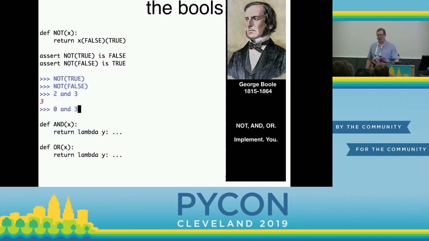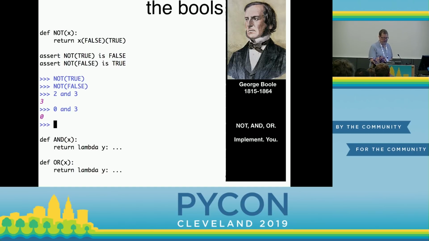But what about 0 and 3? What does that return? You're kind of seeing a hint of how to do this from Python. Basically, if the first item in AND is a true value, Python goes to the second value and uses that to determine the result.